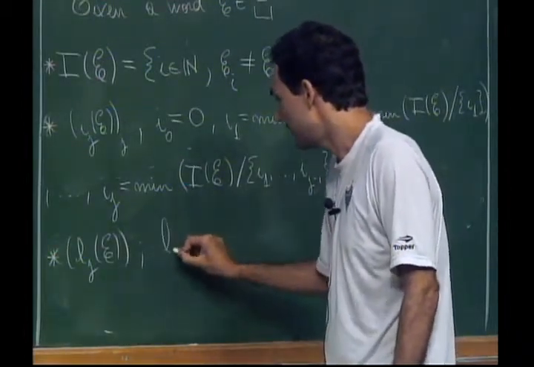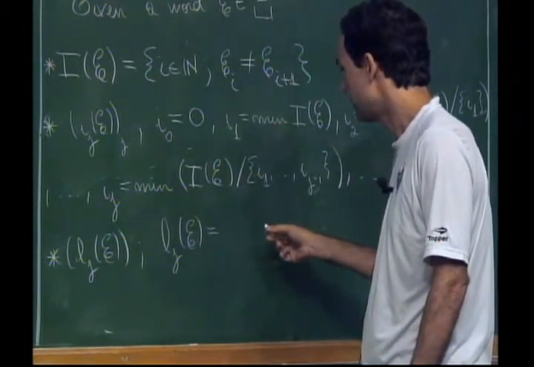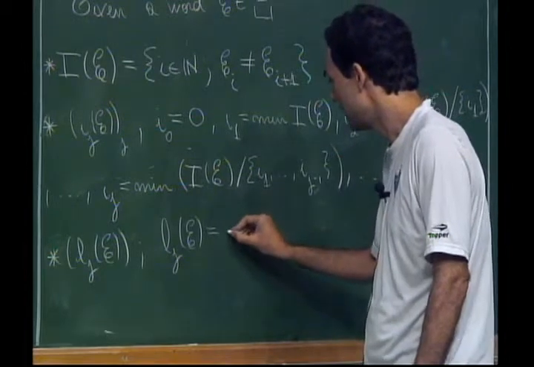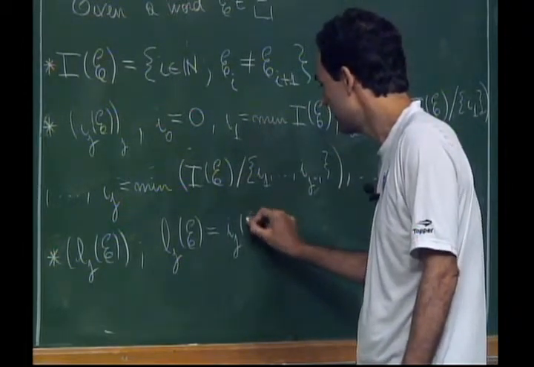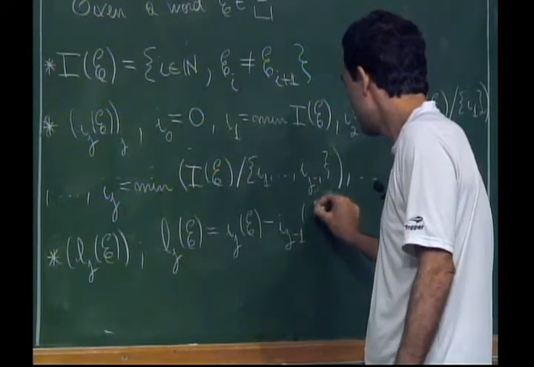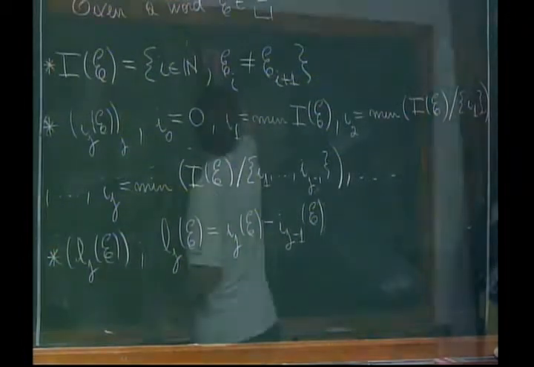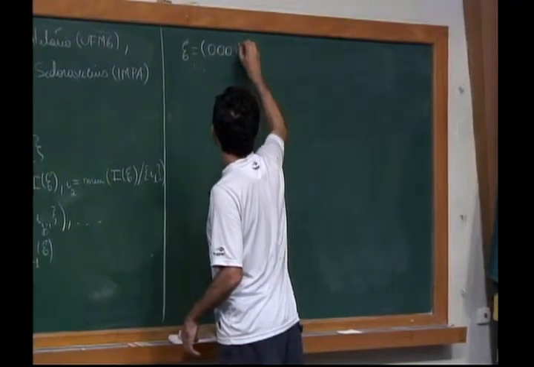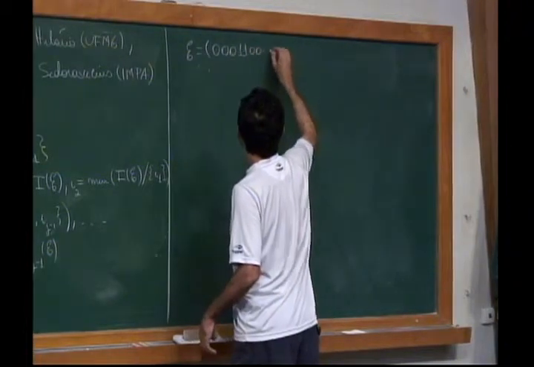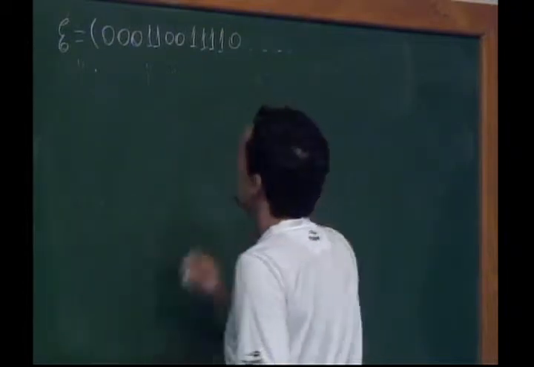And finally, I define the sequence L_j, where L_j of xi is I_j minus I_{j-1}. Let's do an example. Suppose that my word is 0, 0, 0, 1, 1, 0, 0, 1, 1, 1, 1, 0, and so on.